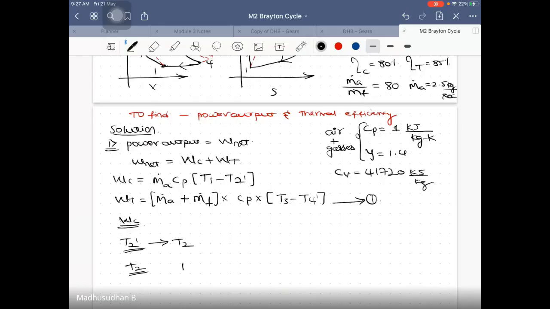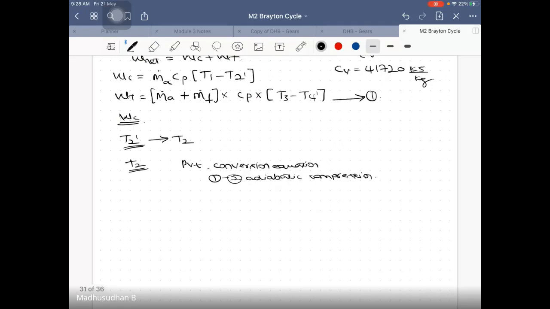PVT conversion. Same thing again. The PVT conversion equation, for which process should I apply? For the process 1 to 2, adiabatic compression. Very good.